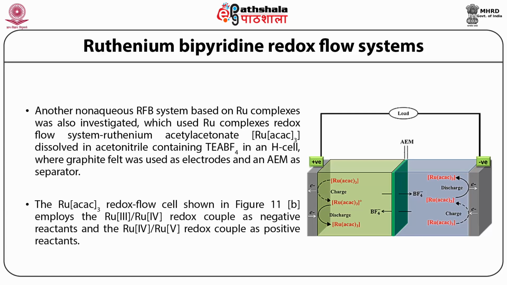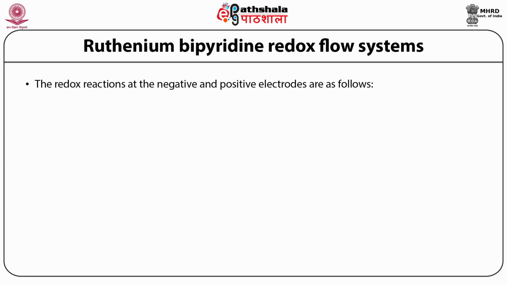The Ru(acac)3 redox flow cell is shown in the figure below, employing the Ru(III)/Ru(IV) redox couple as negative reactants and the Ru(IV)/Ru(V) redox couple as positive reactants. The redox reactions at the negative and positive electrodes are as follows.